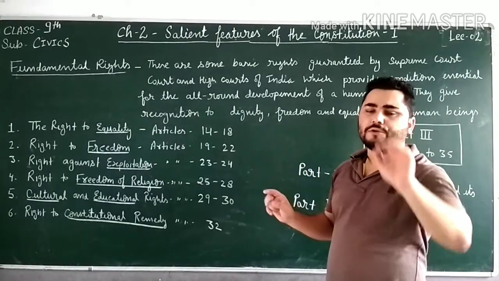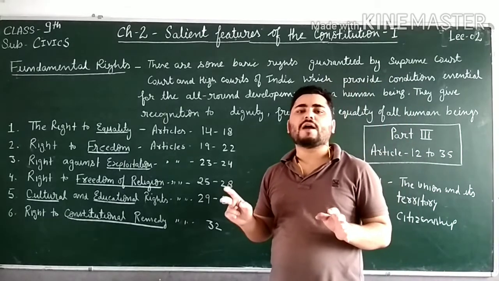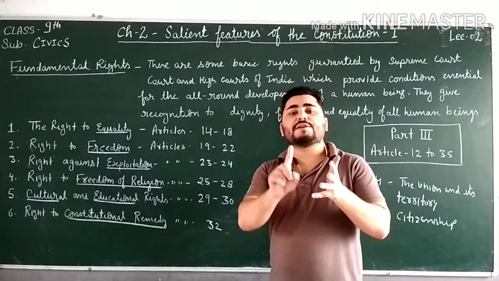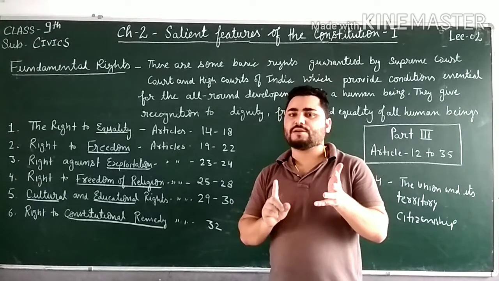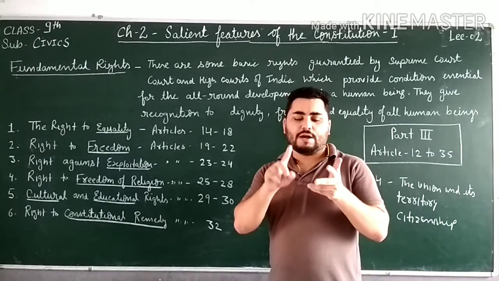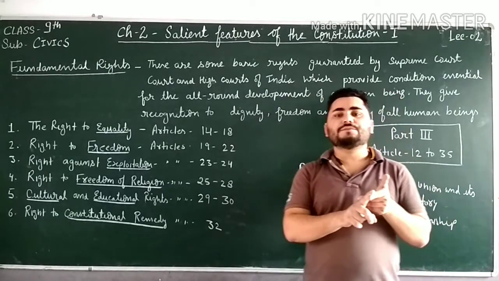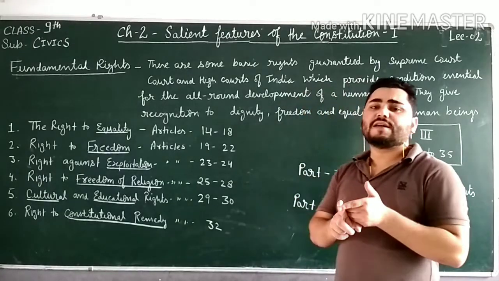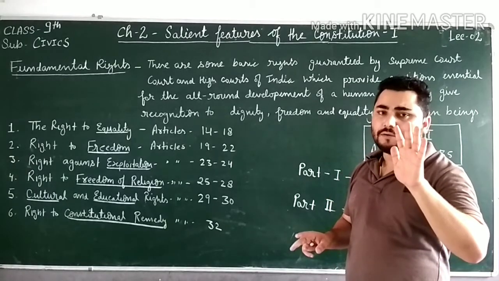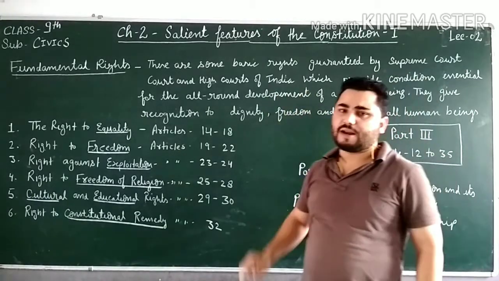So for all-round development of human beings, we need conditions in which everybody is considered equal, the right to equality, in which everybody has freedom, including freedom of conscience and faith, and certain other freedoms. Only then can you have all-round development. That was fundamental rights.